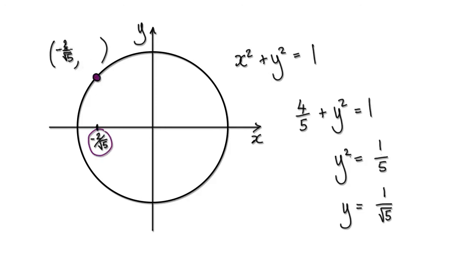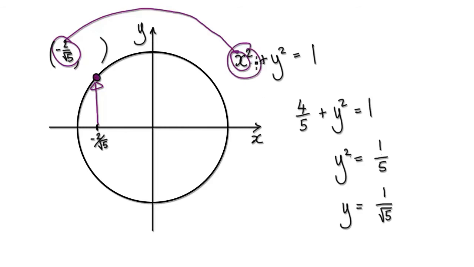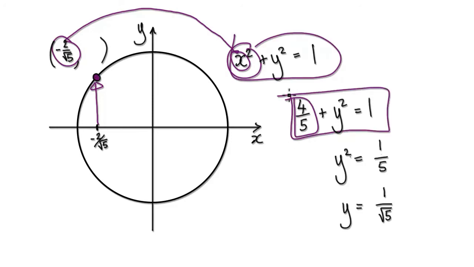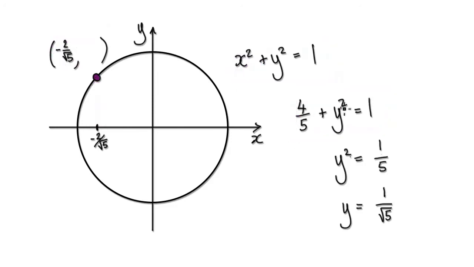So the coordinates here will be negative 2 over root 5 comma something. Well, if you want to know that something, which is this height here, then put this into the x, because we know the x location, square it, that will then give you this, and then this whole thing here will then become this, and then we want to know the height, which is the y value.